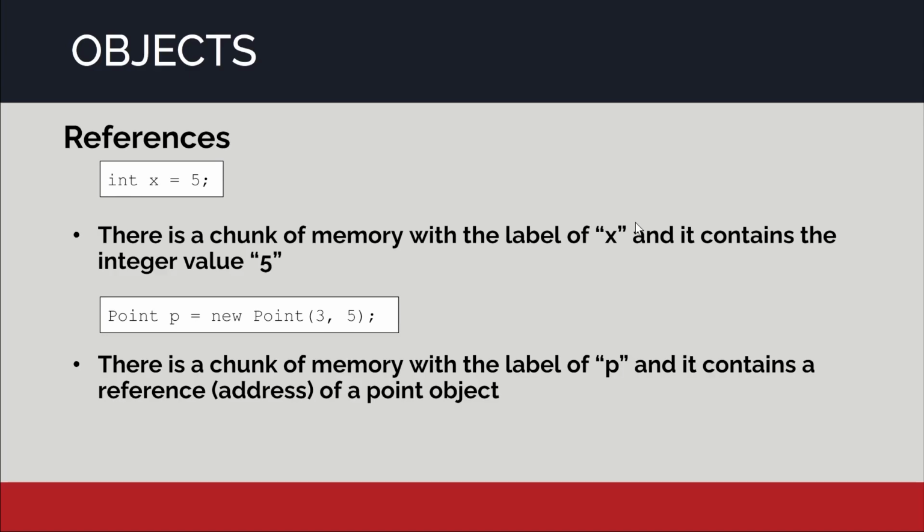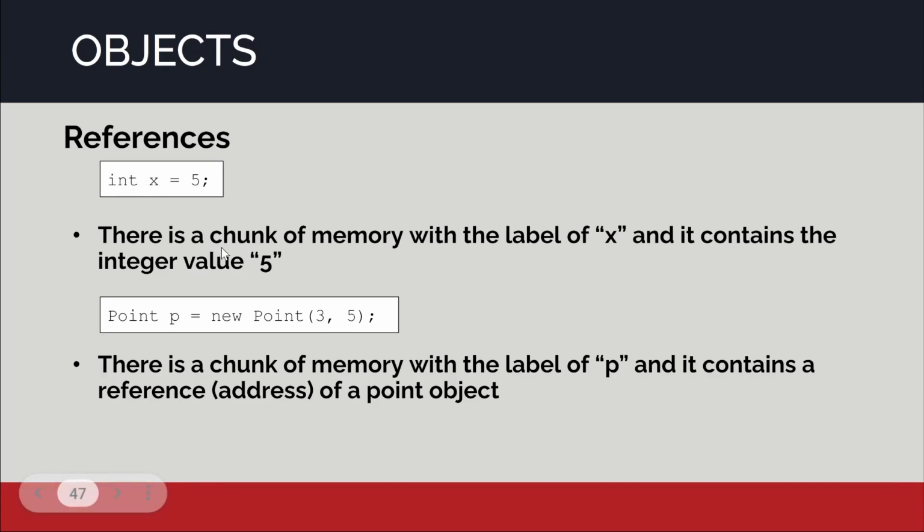And what happens when we have that statement is that a chunk of memory gets reserved and it gets assigned the label x. And so no one else can overwrite that memory. Only we can say what happens to that memory. And then the = 5 writes the value 5 into that slot in memory that has the label x.